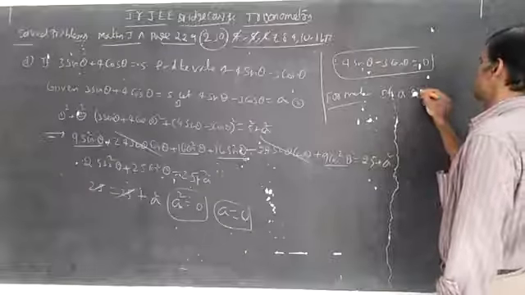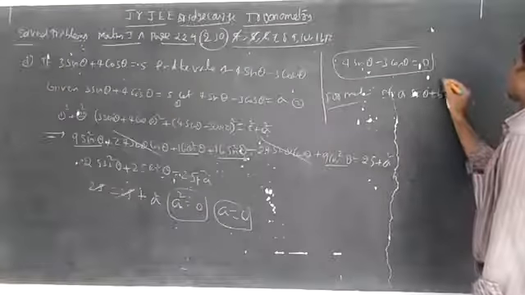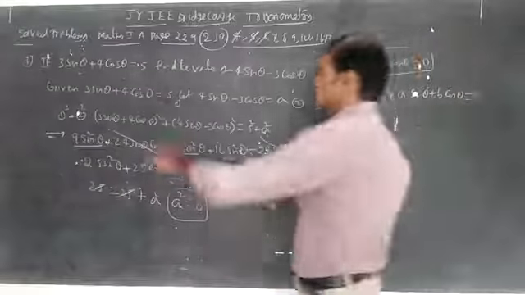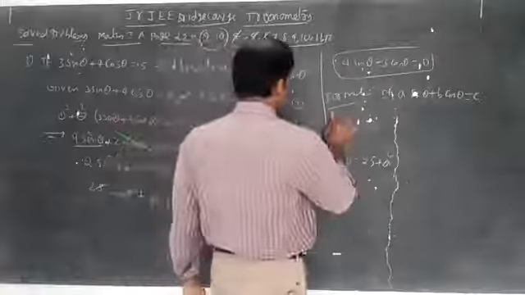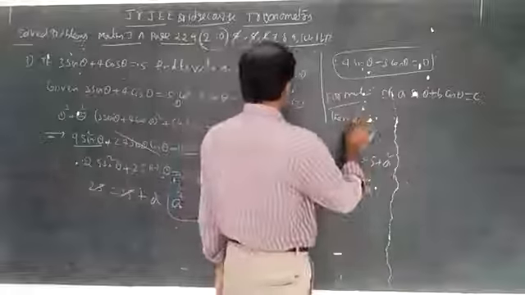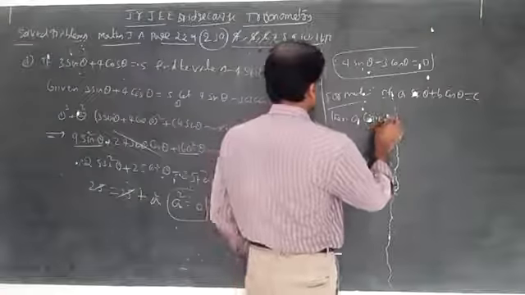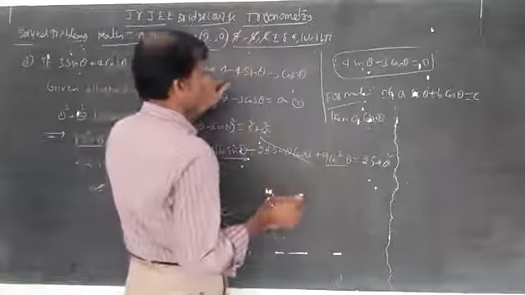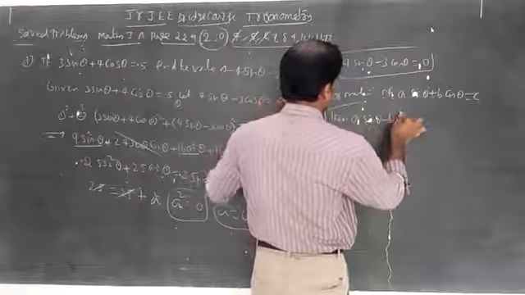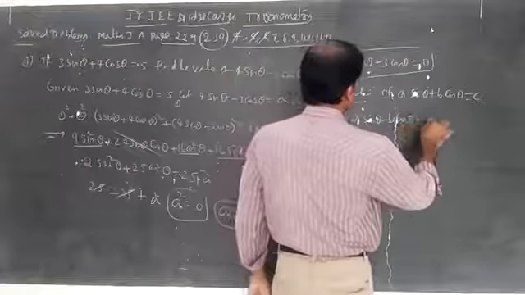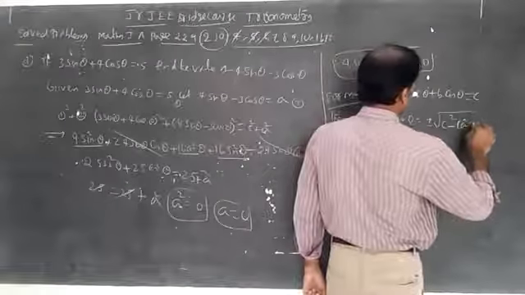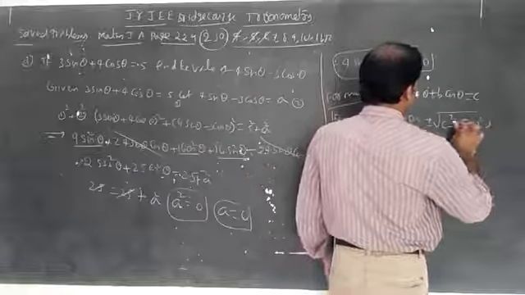If a sin theta plus b cos theta is equal to c, then a cos theta minus b sin theta is equal to plus or minus square root of c square minus a square plus b square. This is the formula, friends.